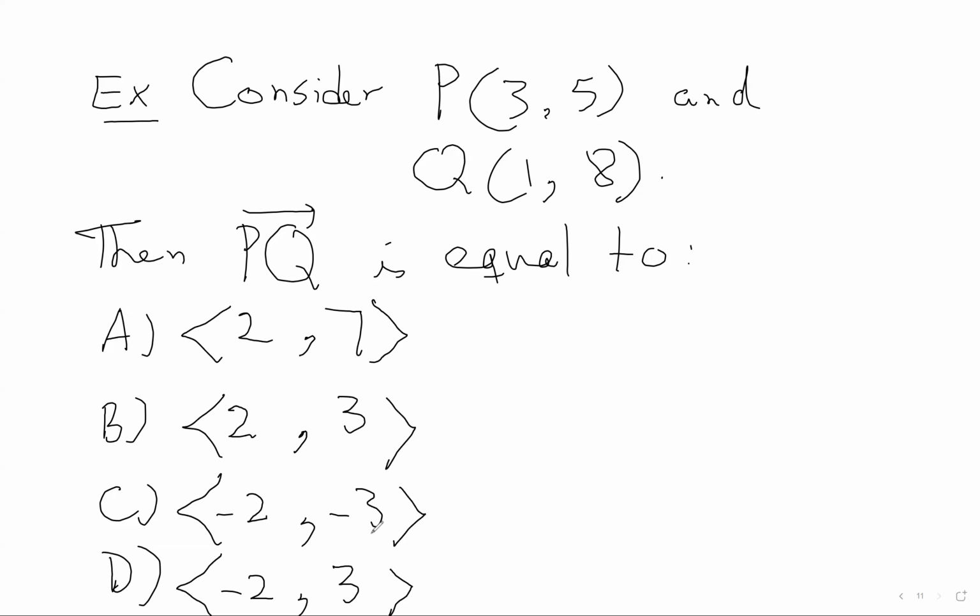So this vector PQ is equal to which of these vectors? If you need a little bit of time, you can pause the video and do the calculation and then compare your answer to my answer.